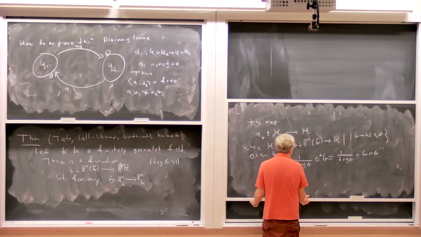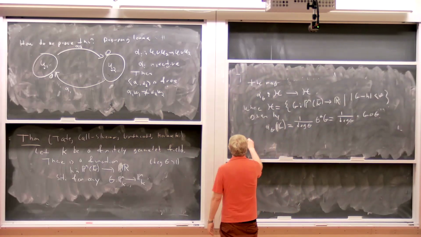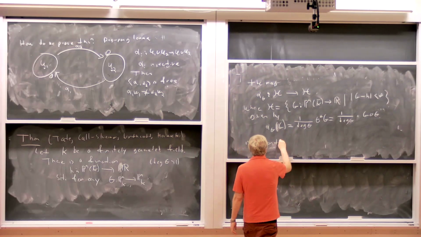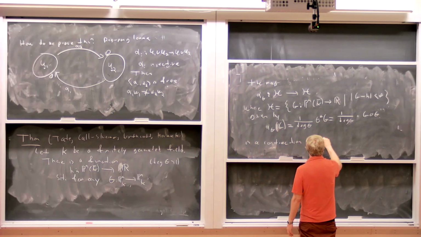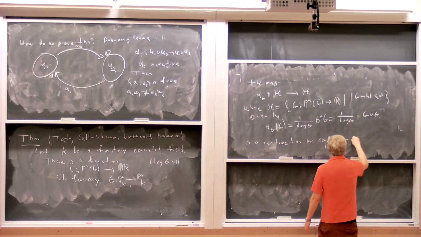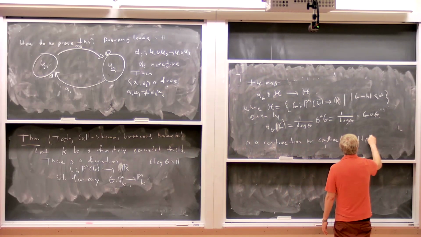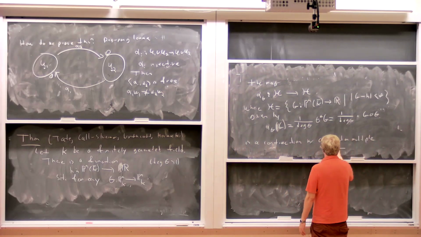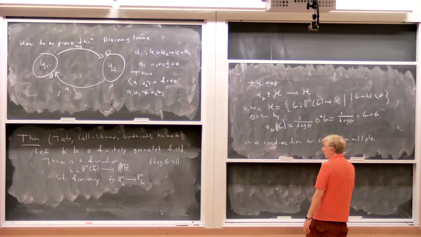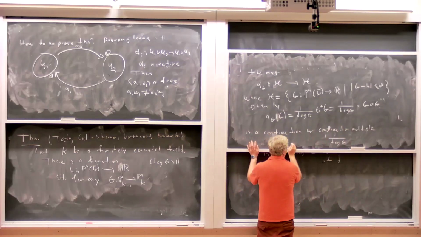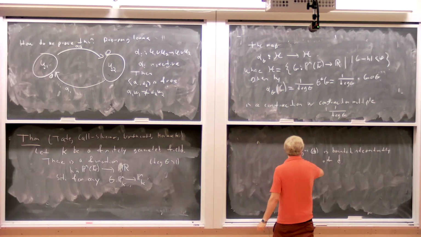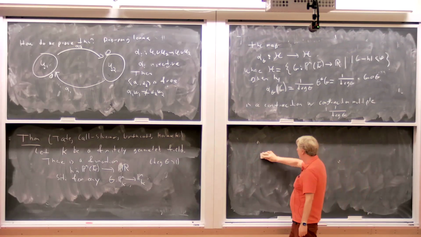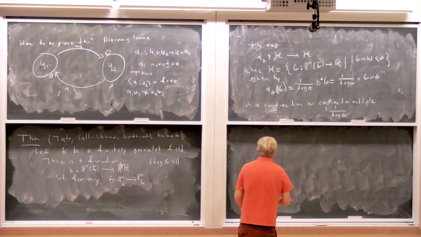And this map here is a contraction, with contraction multiple 1 over the degree of theta. Let me say this really carefully. If I take a G1 and a G2, and I hit them both with alpha theta, they get closer to each other by at least 1 over degree theta.